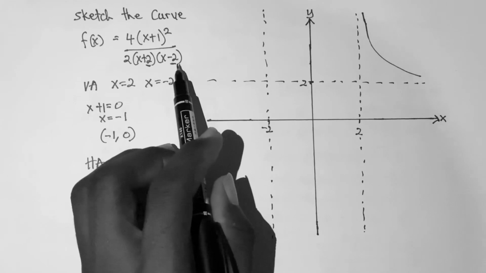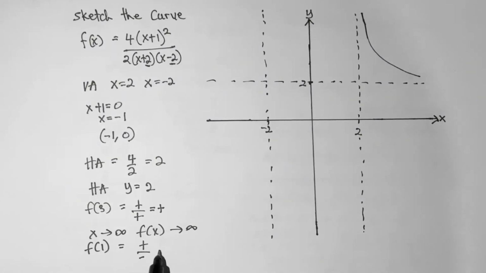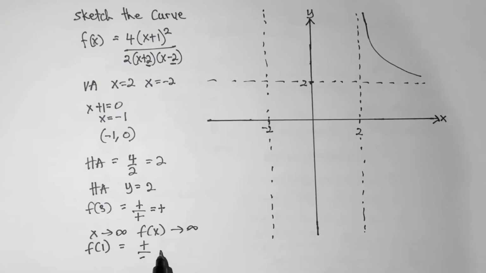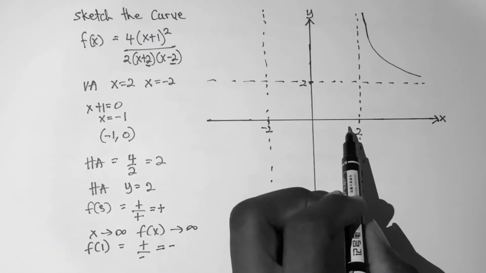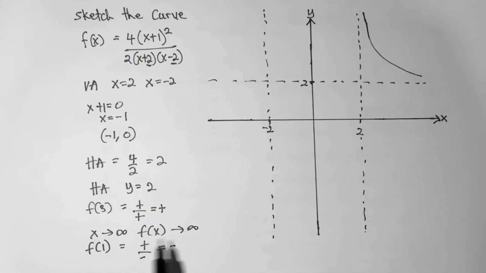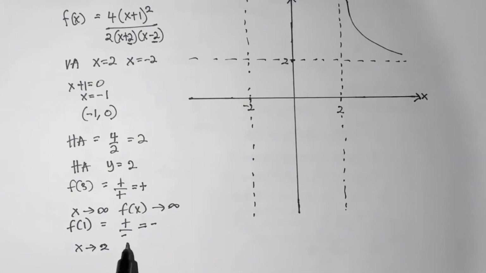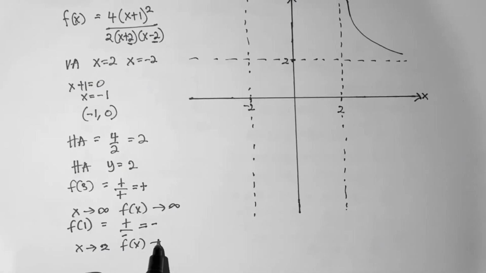However, 1 minus 2 is a negative number. Positive number times negative number is a negative number. So the result is equal to a negative number. So as x approaches 2, f of x approaches minus infinity.